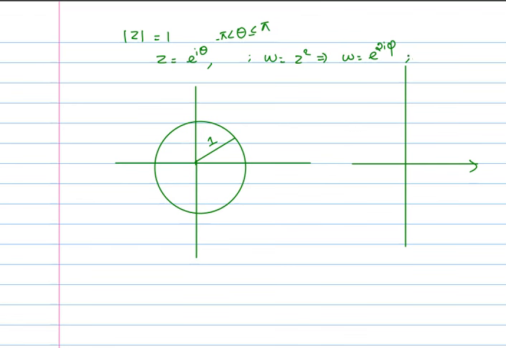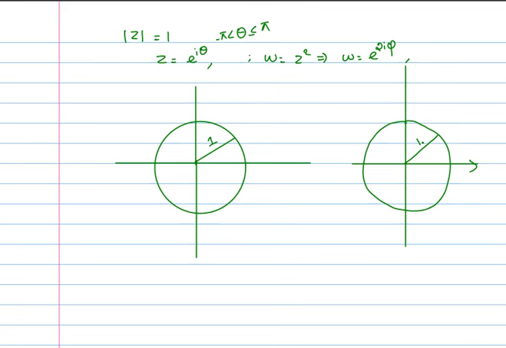So we get the same circle, and the radius is 1.